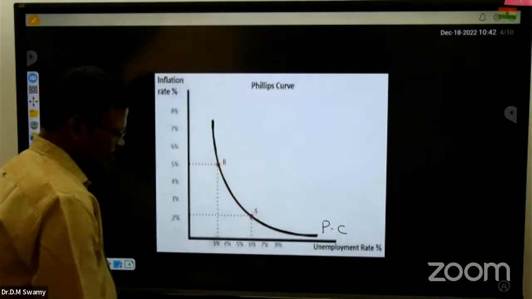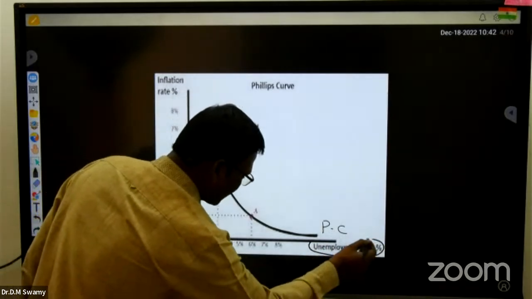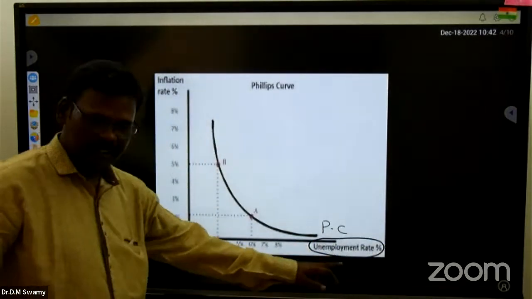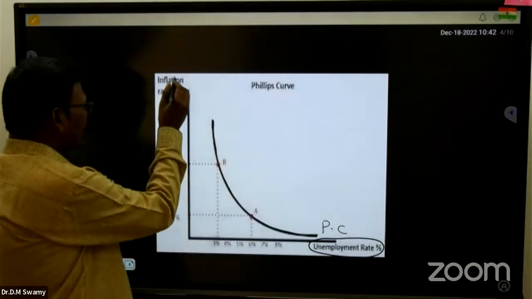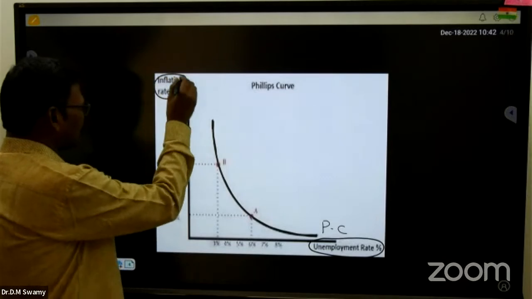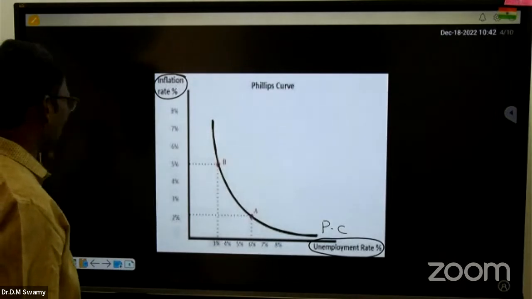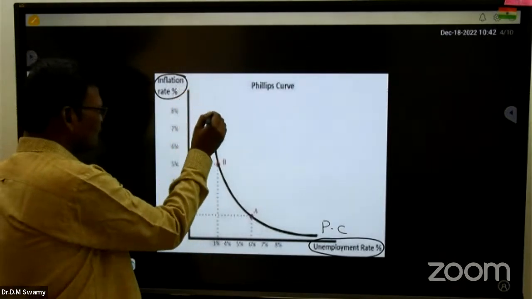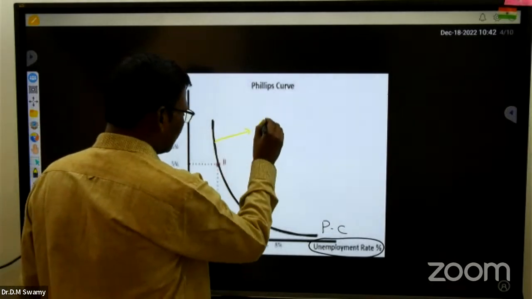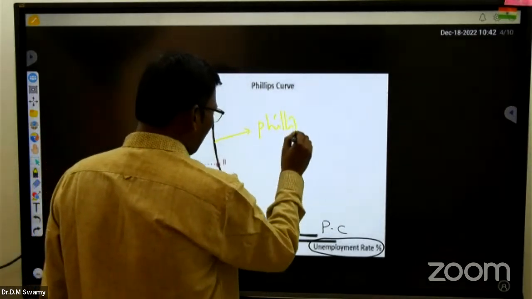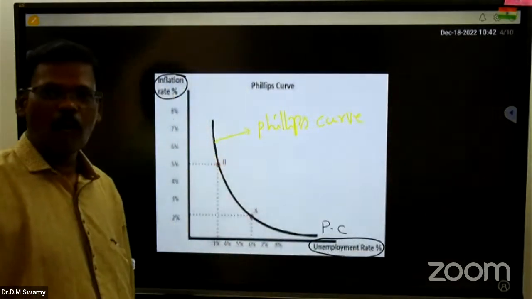Here, on the OX axis we measure the unemployment rate, and on the OY axis we measure the inflation rate. This is called the Phillips curve.